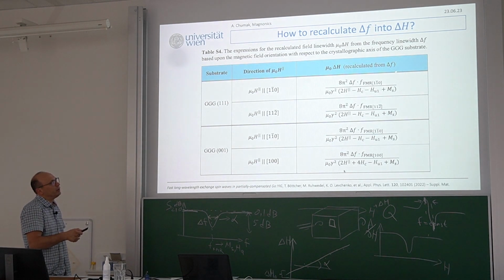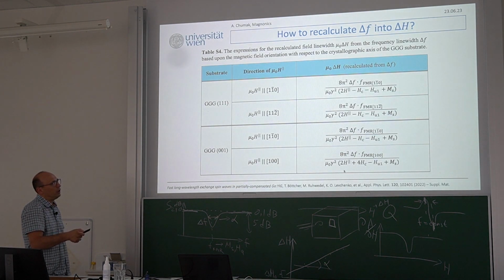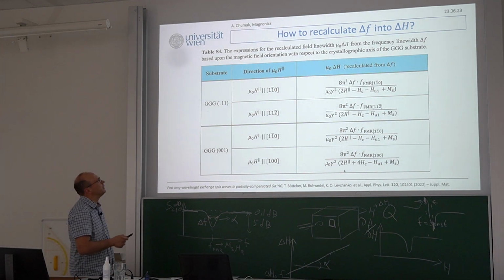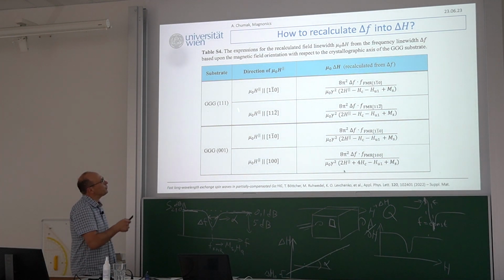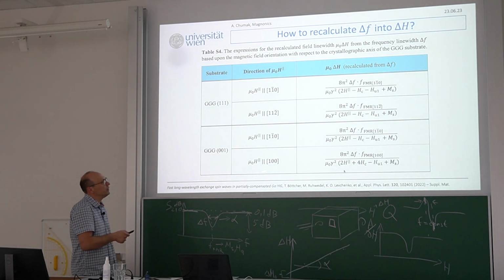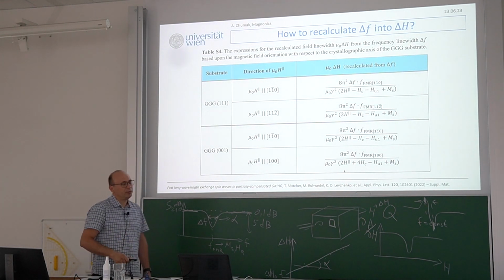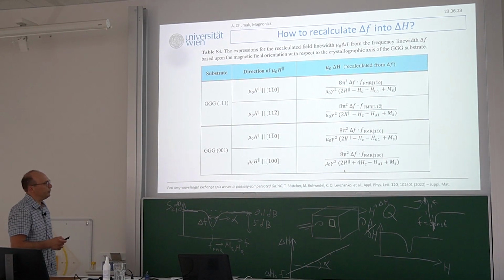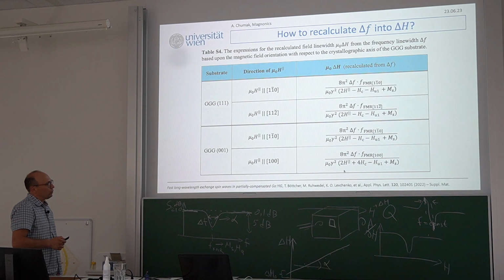We took this derivative taking into account anisotropy. So if you want to be very correct, keep in mind that depending on how you magnetize your thin film, you will have a different factor to recalculate delta F and delta H. Good.